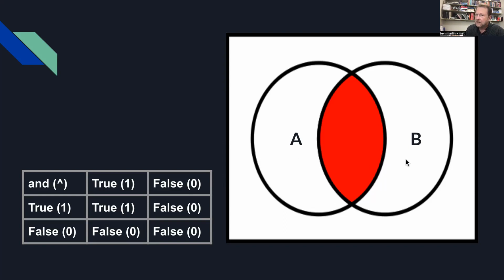If you say something about X is not in A, but X is in B, you get this stuff that's over here on the right. If you say X is not in A, and also X is not in B, then you get stuff that's outside of both circles. Okay. So this color scheme of doing things with the Venn diagram often helps people just kind of spot what's going on here.